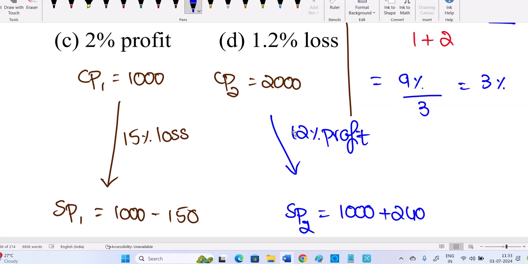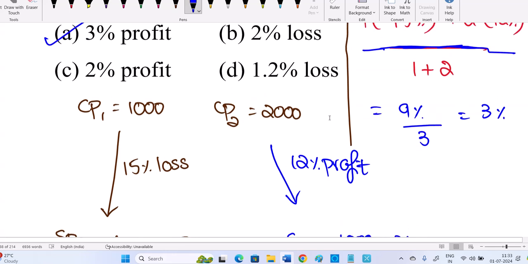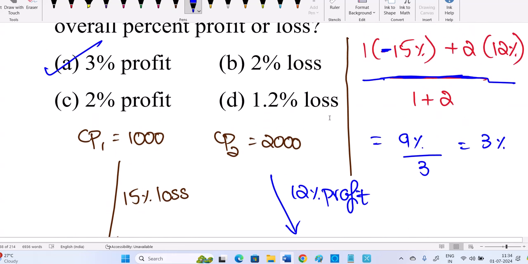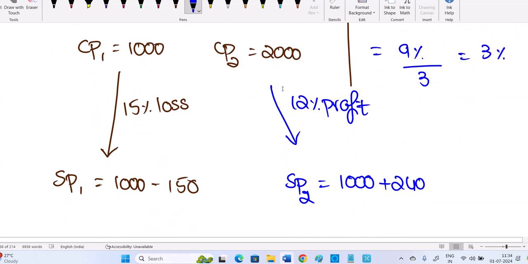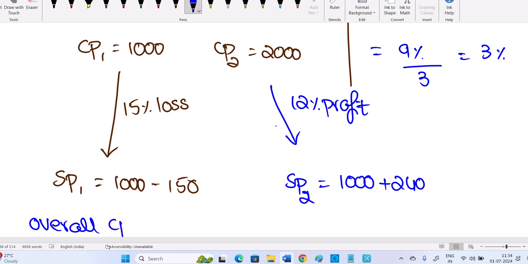See, that is lengthy. The mixture alligation concept we can solve in 20 to 30 seconds if you get the idea. Now, still using the assumption concept, cost prices 1000 and 2000. We calculate the selling price of the first one and second one, and you want overall profit or loss, so overall CP and overall SP. What is overall CP? CP1 plus CP2, 3000.